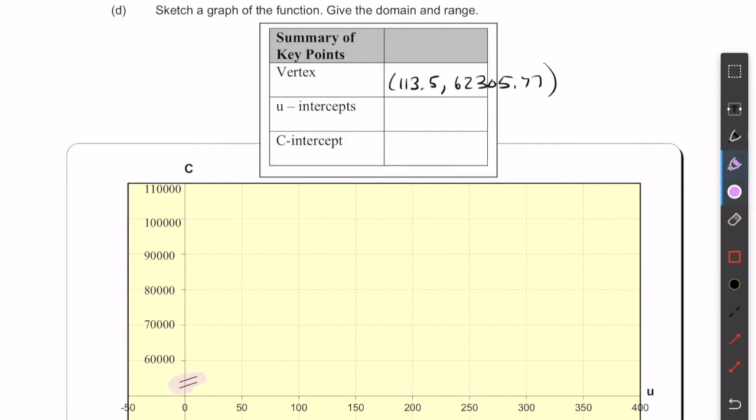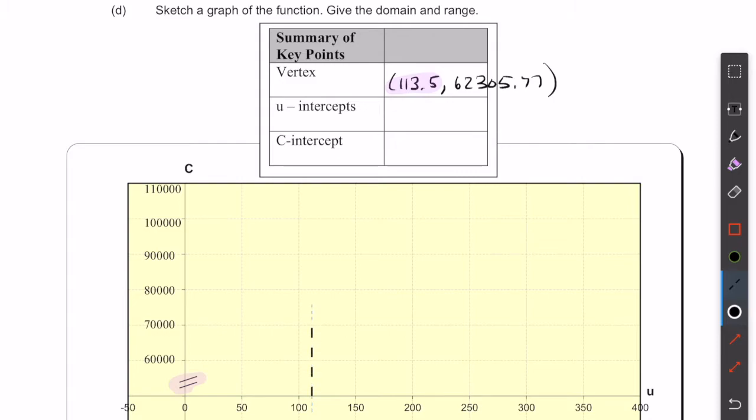Also, the U of 113.5, I want to have in the middle of my graph. So if I take 113 in the middle and double that, that's going to be about 226. So I need to have that point. So I need to go at least out to 226, and we went out a little bit further. But you want to use these numbers to plan your window so that you can go at 113.5.